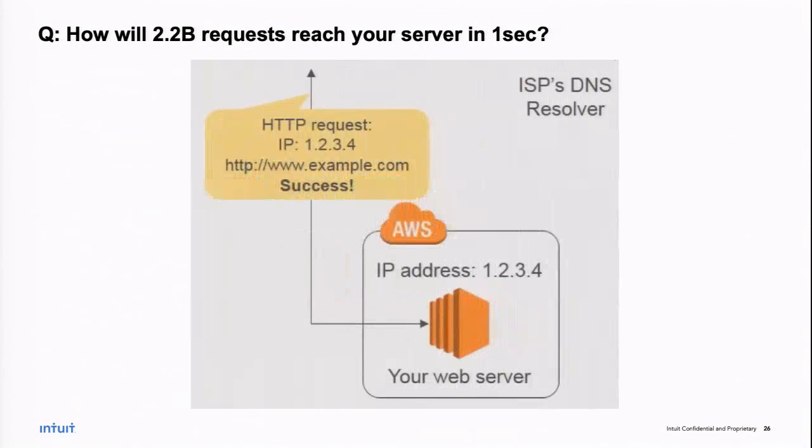So let's say your browser is making an HTTP request, and the website name is example.com, and I'm using an AWS cloud server where my web server is running, and let's say my web server is running at IP address 1234. So now how does that get mapped? How does the customer's browser know that this is the machine it needs to reach?